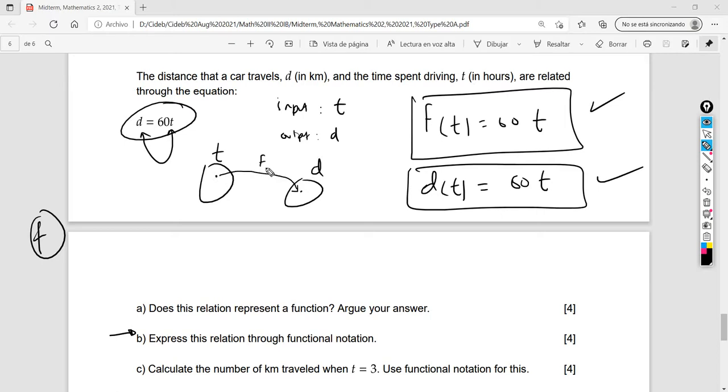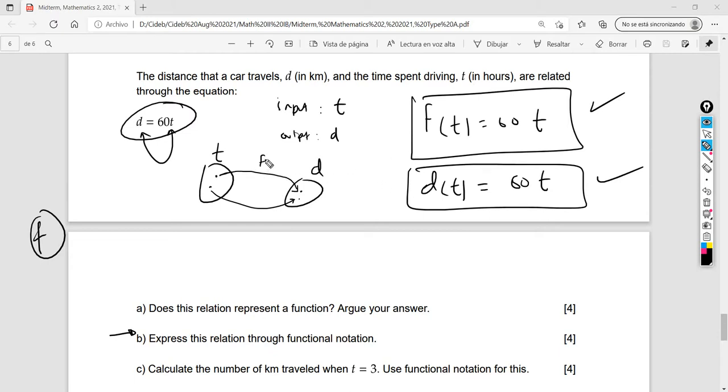It's a transformation. F, which is the function, is that abstract object that maps this value into this one, and this other value into this one, etc. It's kind of like a linker, a transformer, a machine.